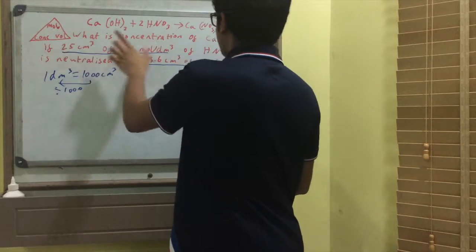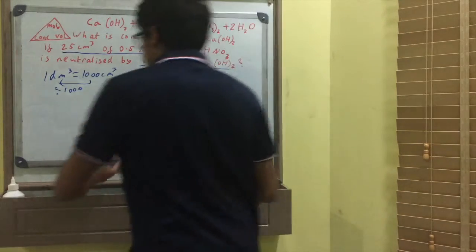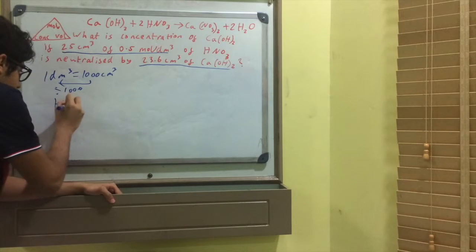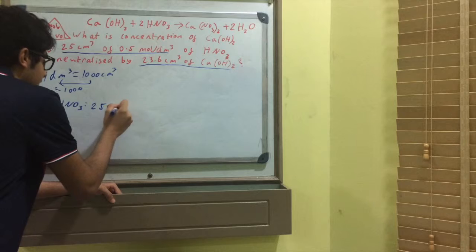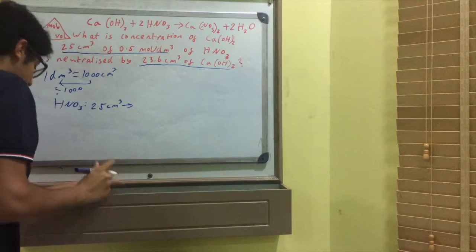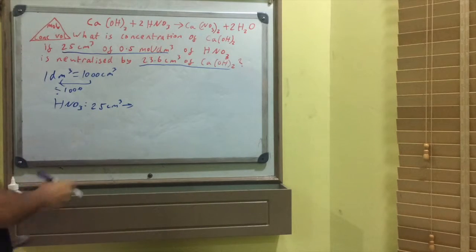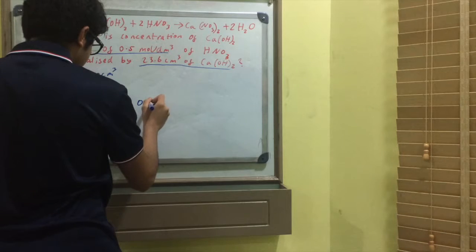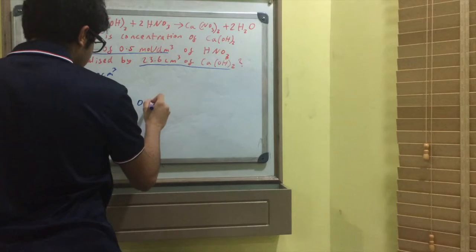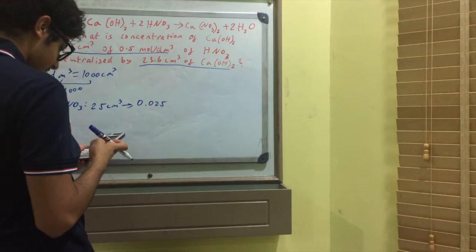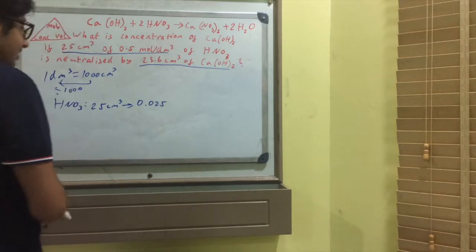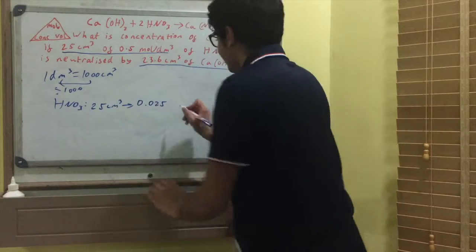So, let's do the nitric acid first. 25 centimeters cubed converted to decimeters cubed, we divide it by 1000. That's going to be 0.025 decimeters cubed.